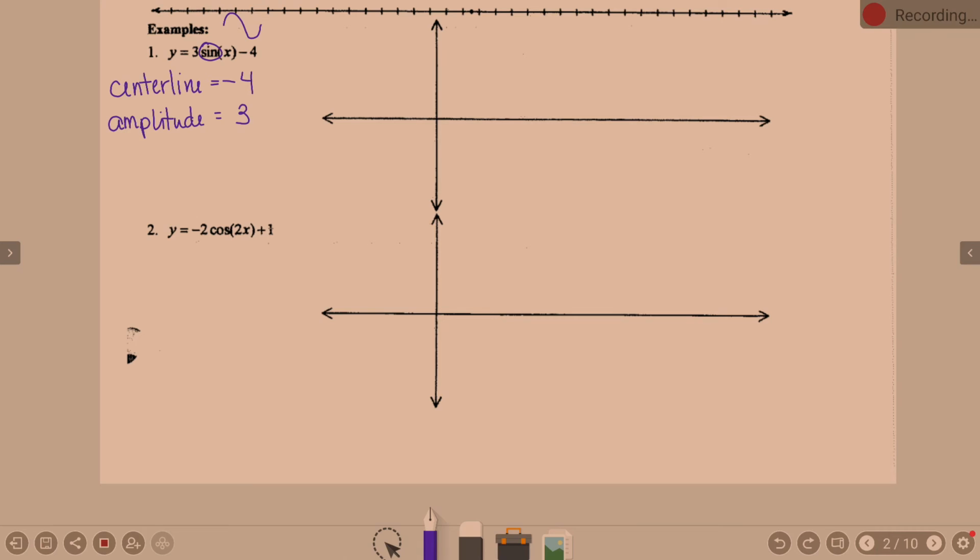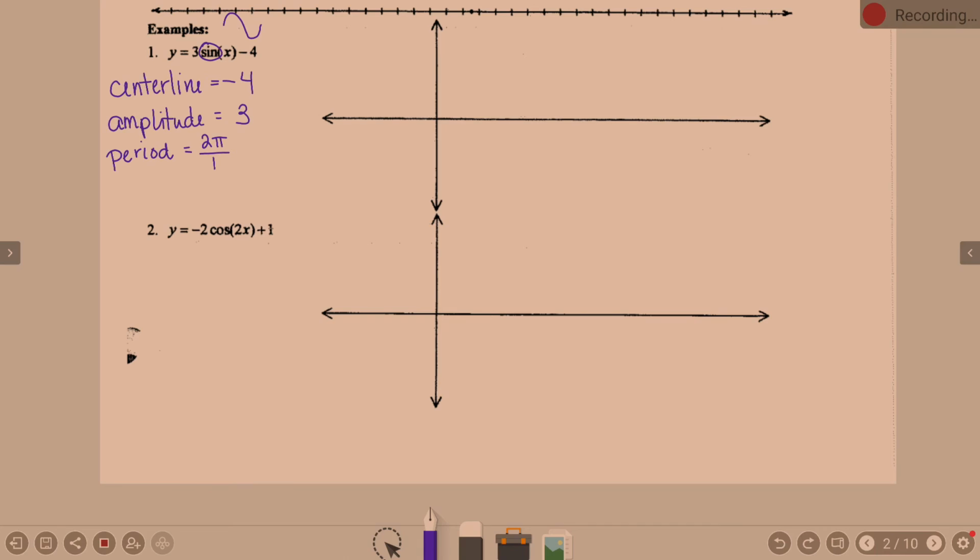Okay. We always need to talk about the period. How long is our graph going to be? And what's the formula for period? 2 pi over b. So it's always 2 pi divided by b. What is my b in this case? 1, right? B is the coefficient on x, the number on x.